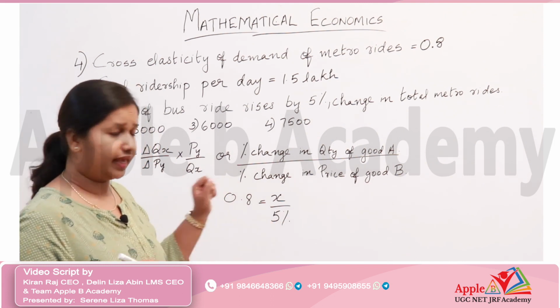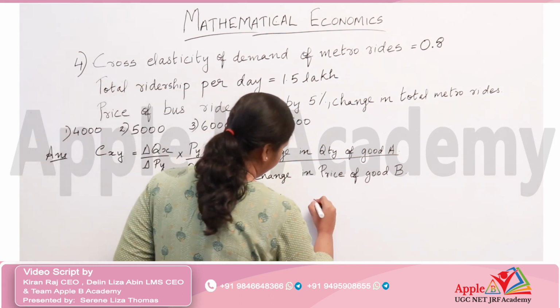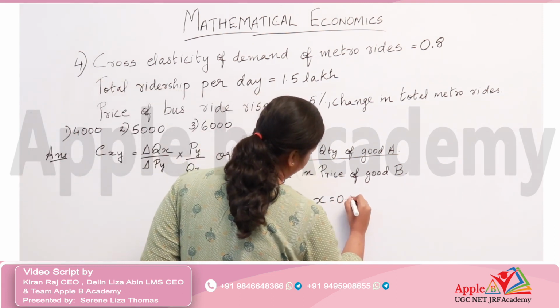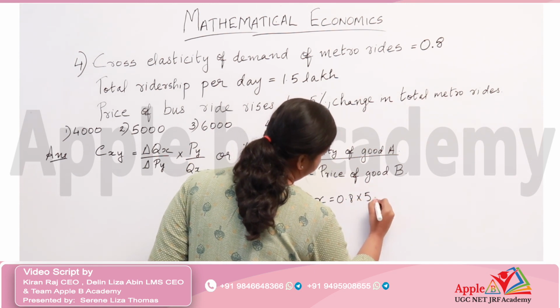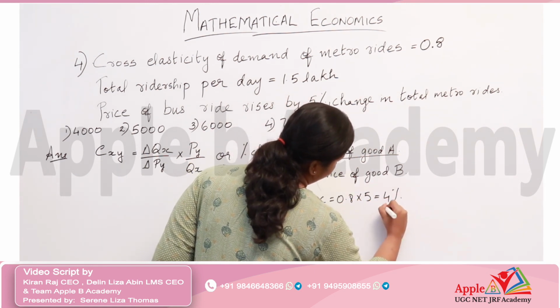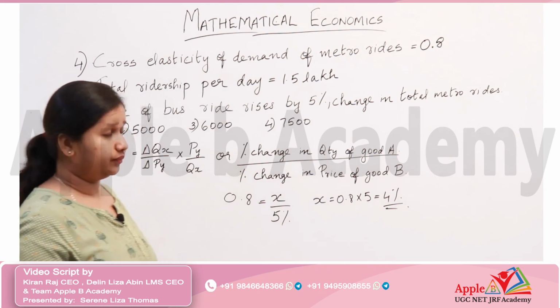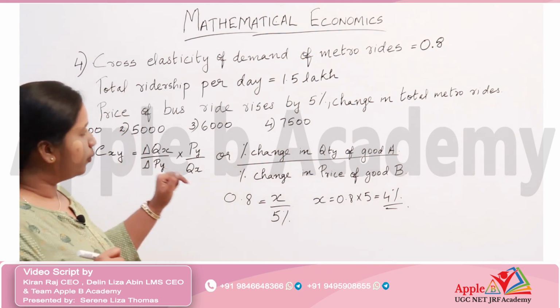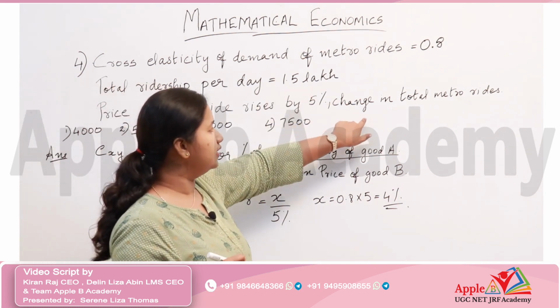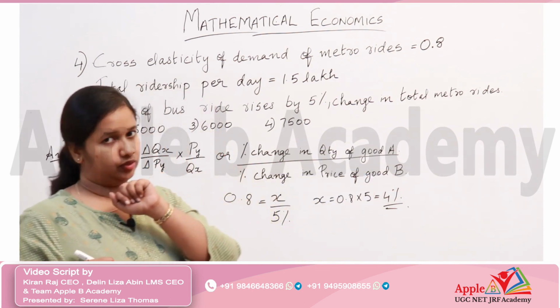We need to find X. So, X is equal to 0.8 into 5, which is equal to 4%.